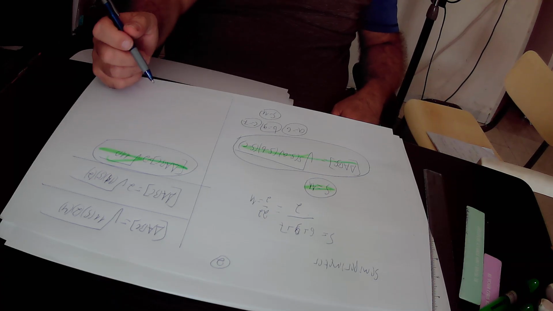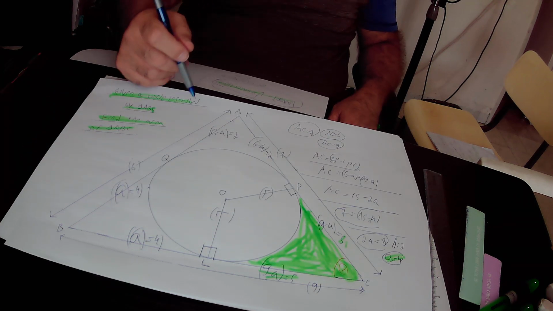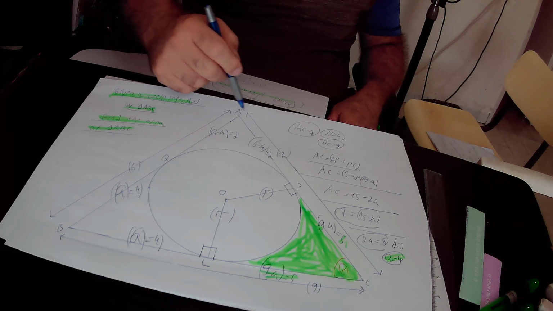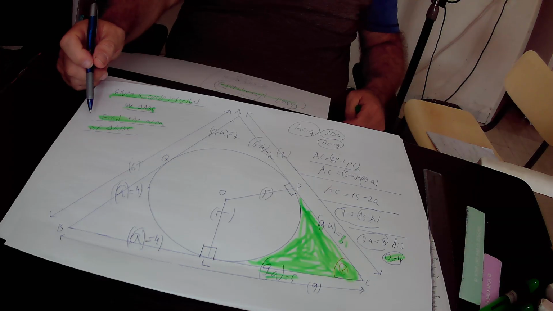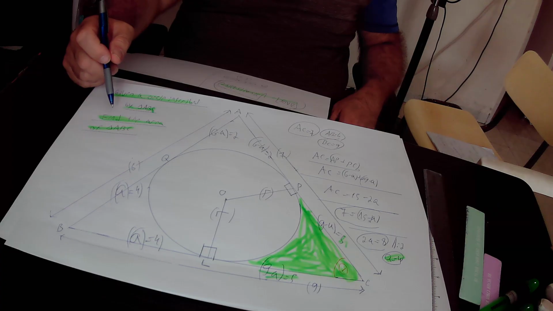Actually, you know that any triangle that blocks a circle, like in our drawing, triangle ABC blocks the circle. We have a special formula for the area of a triangle that blocks a circle.